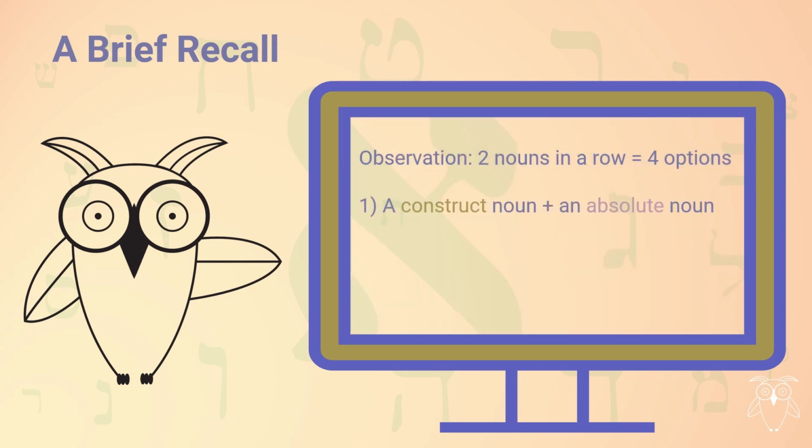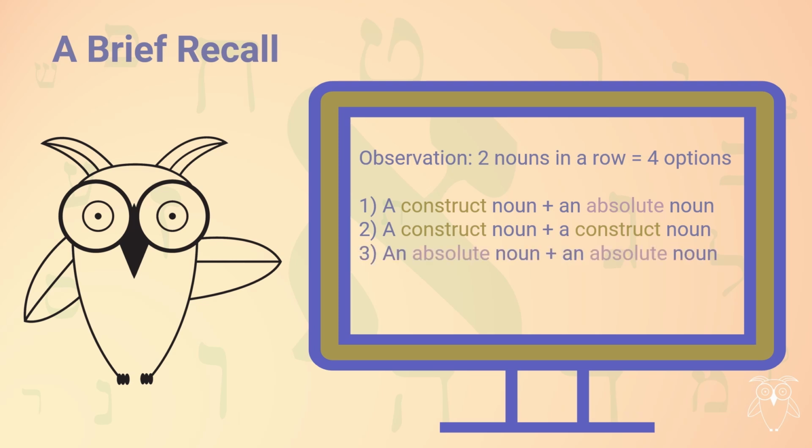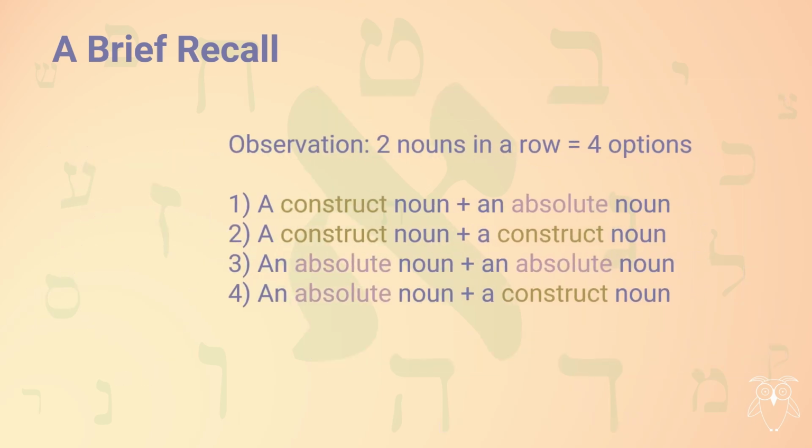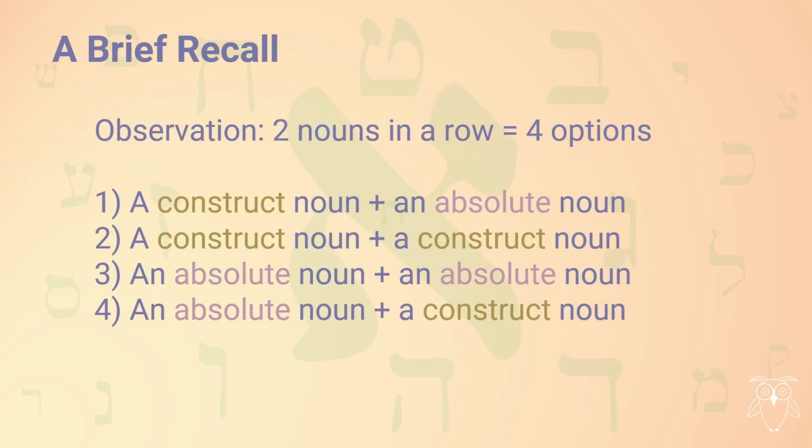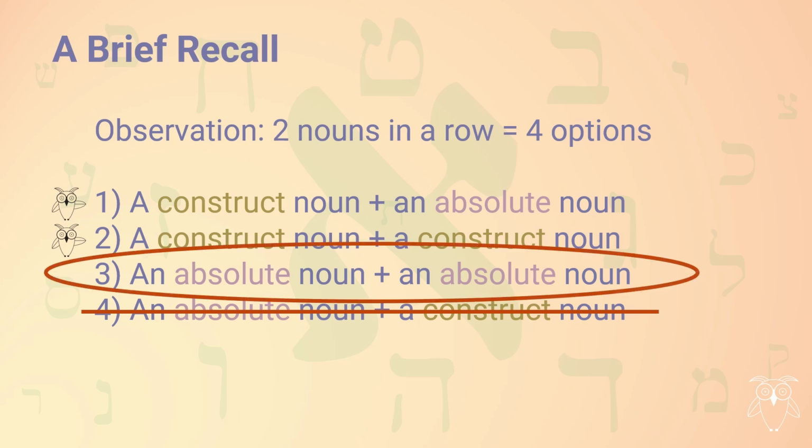Construct followed by absolute, construct followed by construct, absolute followed by absolute, and absolute followed by construct. Options 1 and 2 were discussed with quite some detail in the previous video, and option 4 does not exist, which is why I called it hypothetical just now. So all that is left for this video is to discuss what it means if an absolute is followed by another absolute.